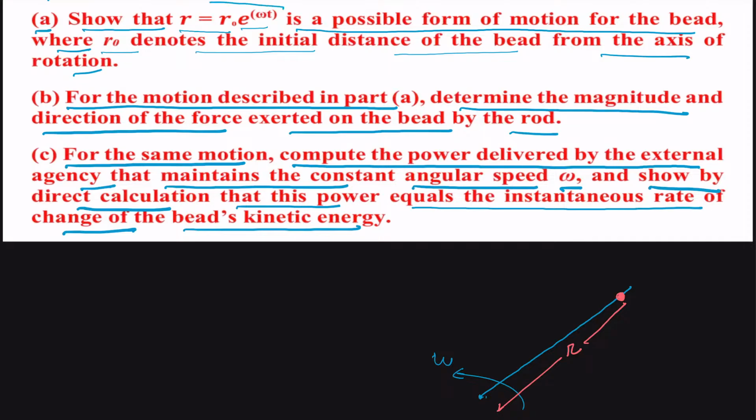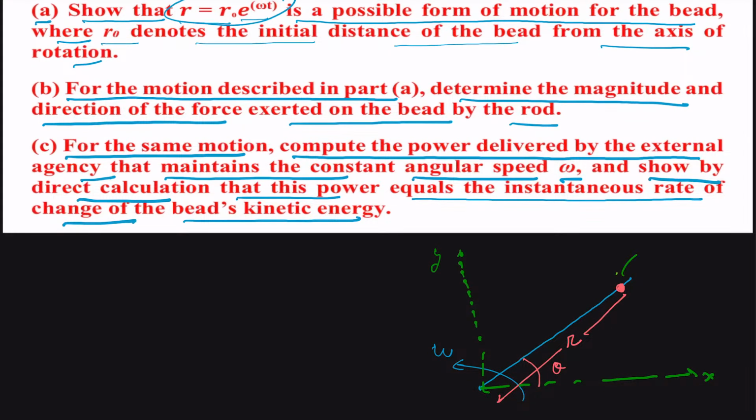Okay. So in the first part, we have to prove this particular relationship, r is equal to r naught e raised to power omega t. For that, we can assume that this is our x-axis and our y-axis, and this rod makes an angle of theta with respect to the positive x-axis. So therefore we can write the polar coordinates of the bead.